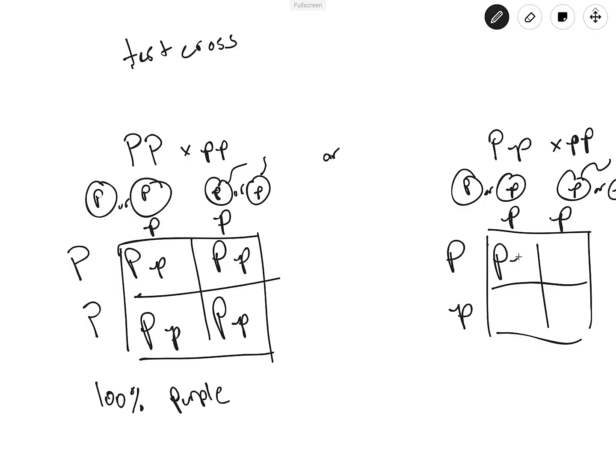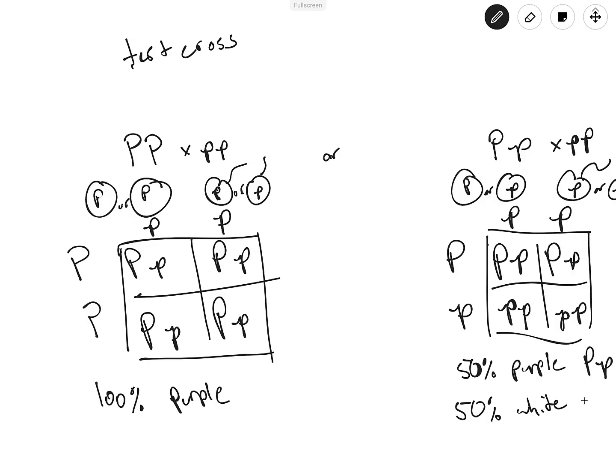Then we combine them, and you can see that they make 2 heterozygous and 2 homozygous recessive. So from this, we would expect 50% to be purple and hybrid, big P, little p, and 50% to be white, little p, little p. So if you did this cross and got 1,000 offspring, you would expect about half of them to be purple and about half of them to be white.